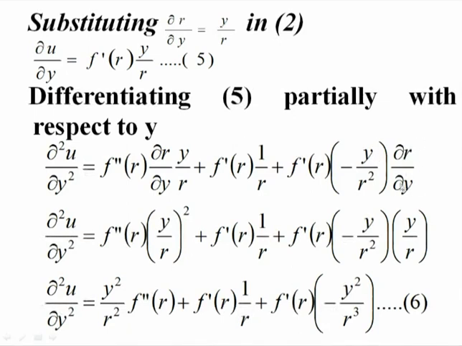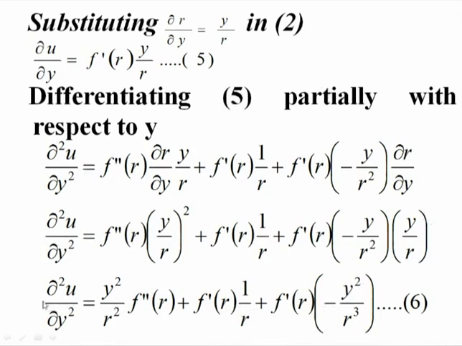Now we substitute the value of del r by del y as y by r here and here. So we get del r by del y as y by r, so y by r square. So del square u by del y square is equal to f double dash r into y by r square plus f dash r into 1 upon r plus f dash r into minus y upon r square into y by r.